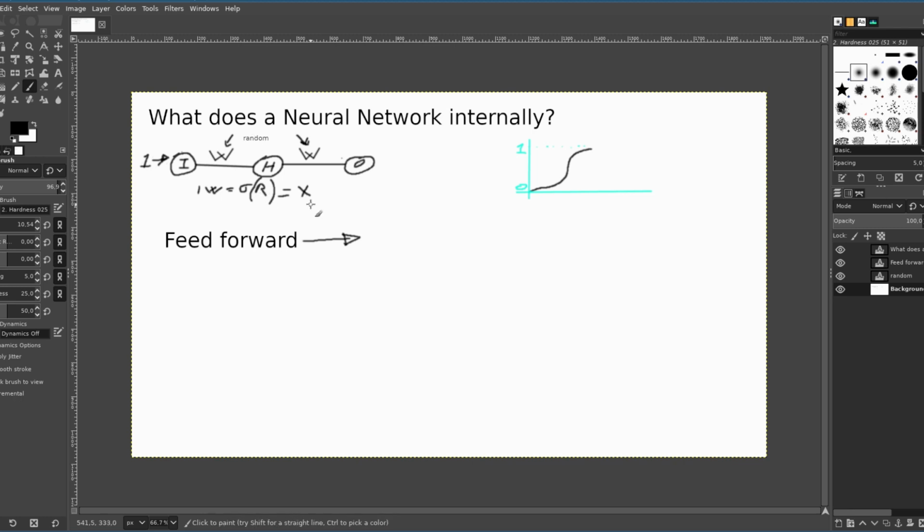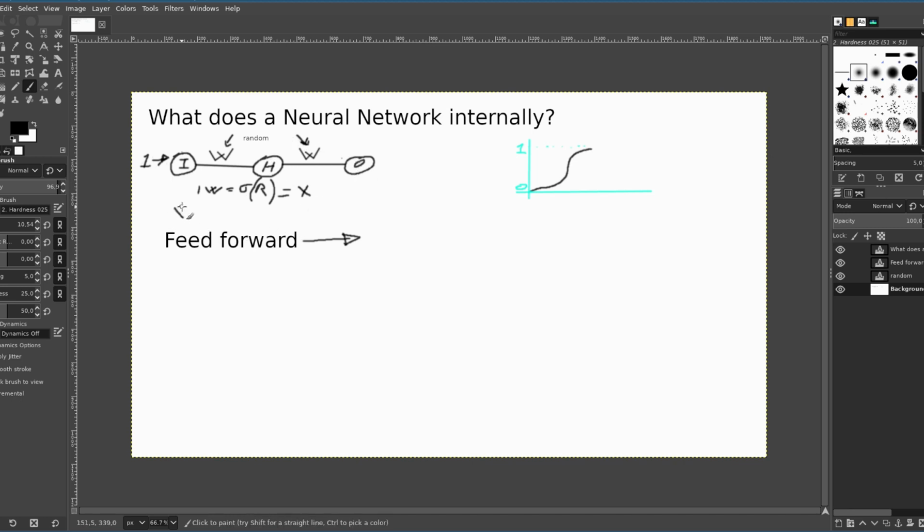And now the same process is applied between the hidden layer and the output layer. In this way, we have the X that is the output of this traveling that now becomes the input of this traveling.